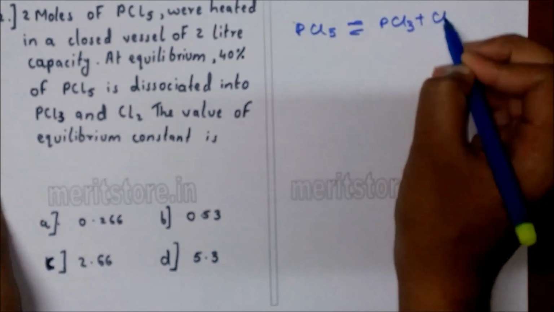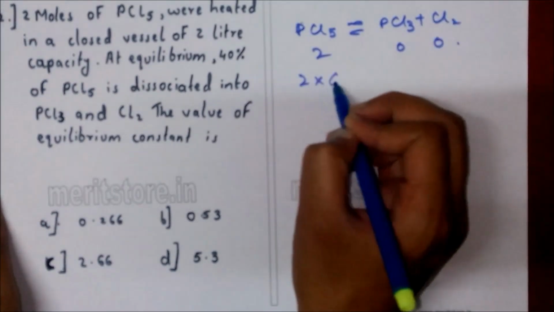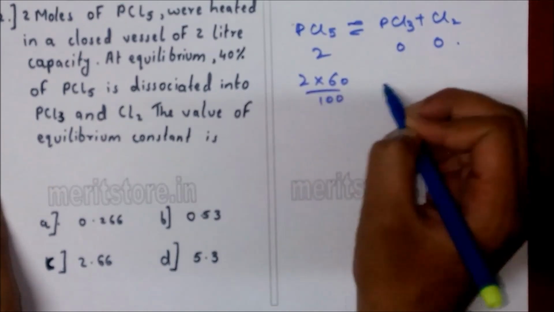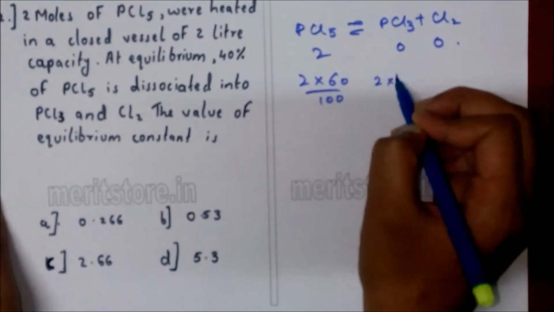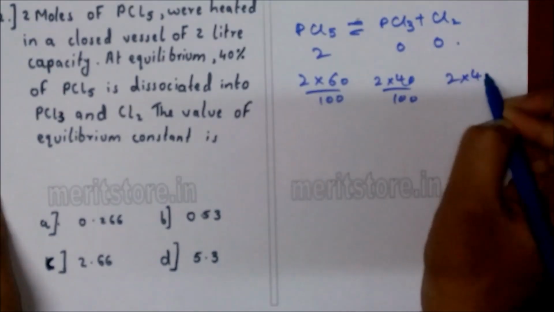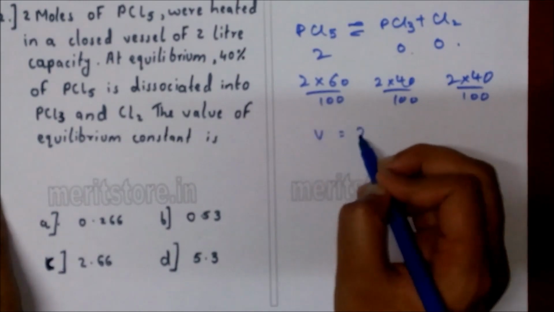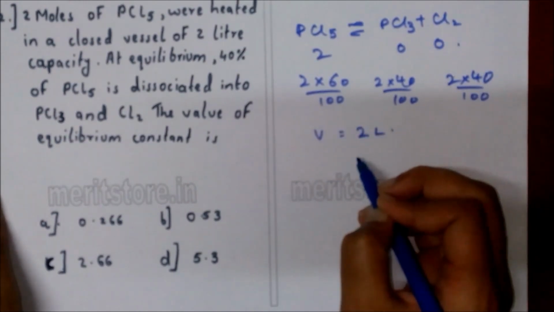PCl5 gives PCl3 plus Cl2. Equilibrium concentrations are 2 into 60 upon 100, 2 into 40 upon 100 and 2 into 40 upon 100. Volume of container is equal to 2 liters.